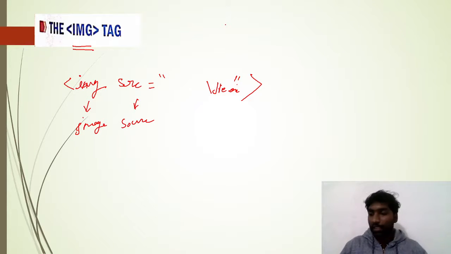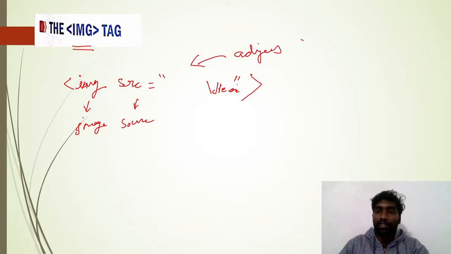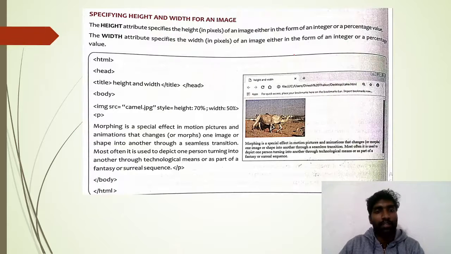Sir, here we can give only the image, but not only that, we can adjust the sizes. Now see here, in your book they have given image SRC, the source, which is the location of the image, and here CSS.